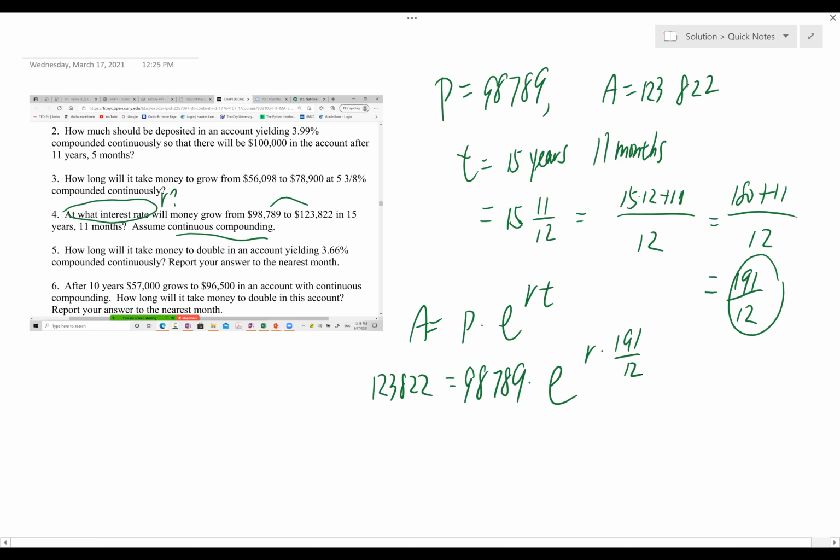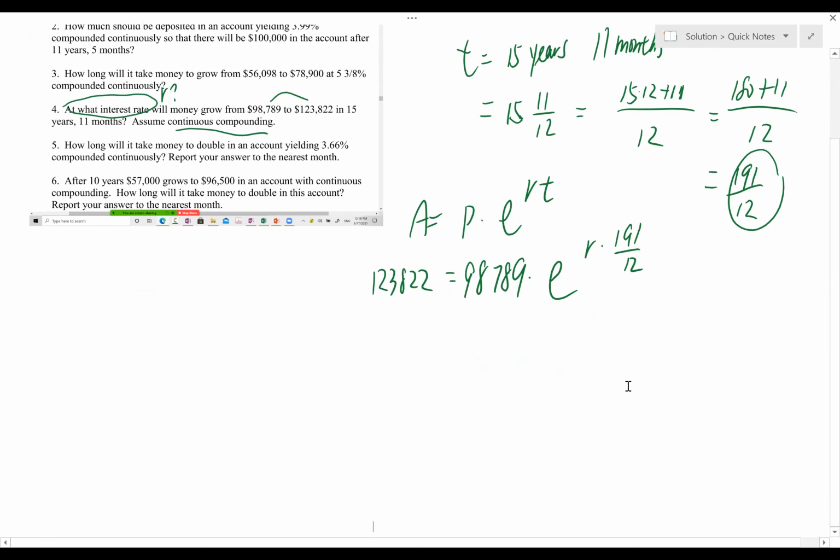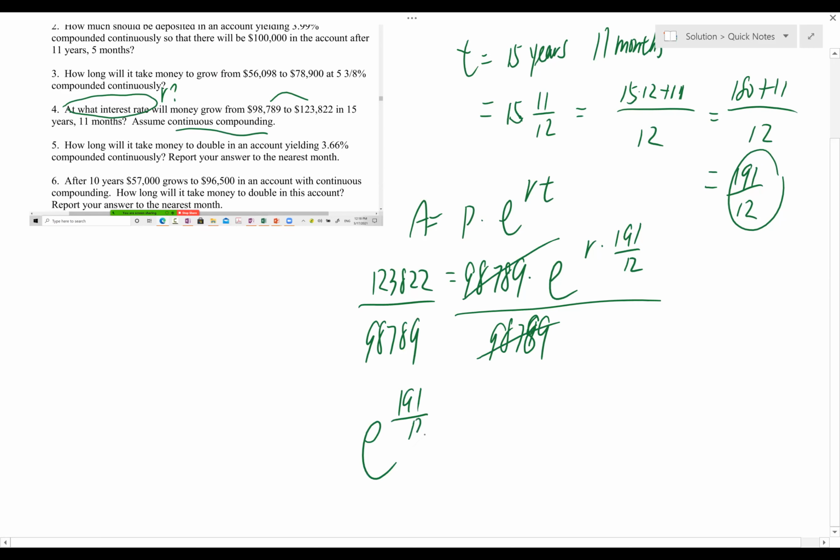Step 1, we will get rid of the 98,789 from both sides of the equation. So dividing 98,789 from both sides, we cancel the coefficient. So we get e to the 191 over 12 t equals 123,822 divided by 98,789.